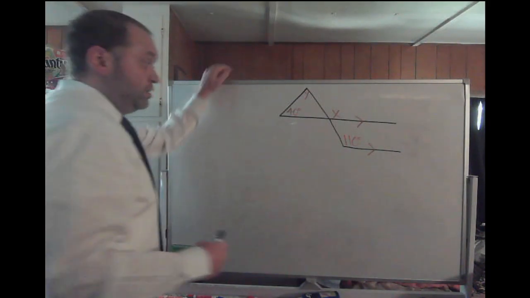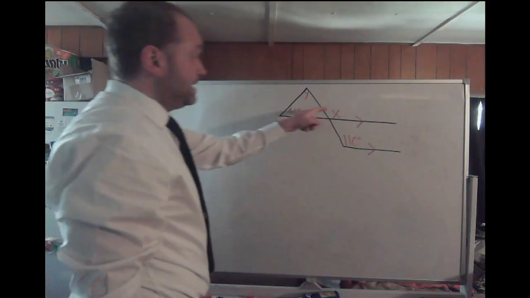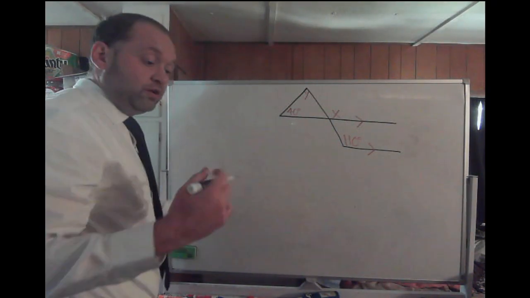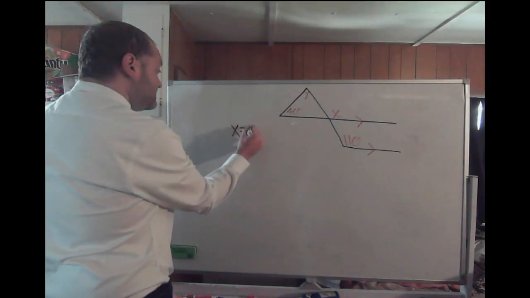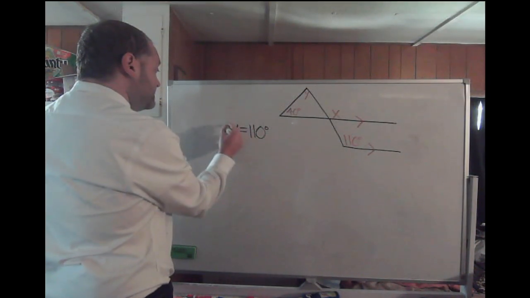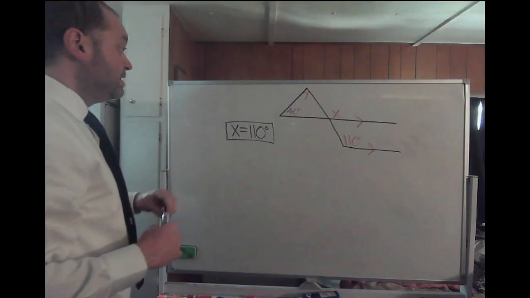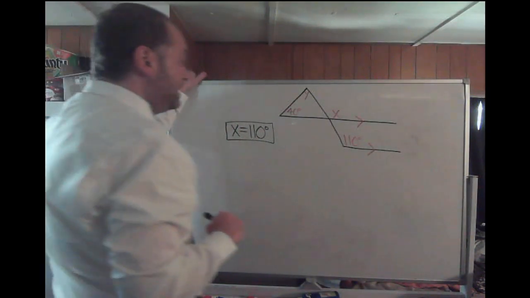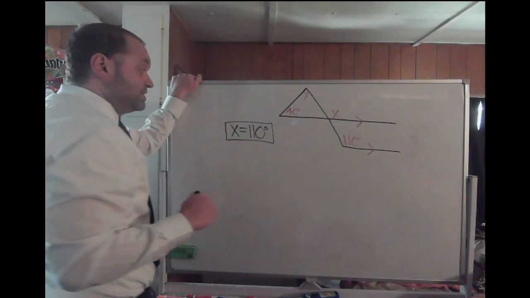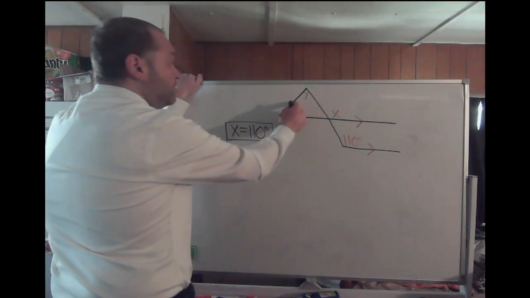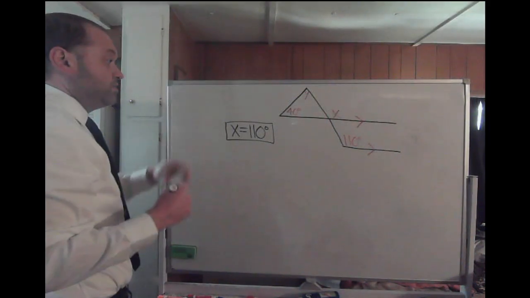Well, if these two lines are parallel, here's your transversal. x and 110 are corresponding angles, meaning corresponding angles are congruent. So x simply would equal 110 degrees. Well, we just solved for x. That's not so bad. Now there's a quick way to solve for y. Remember, the sum of the two remote interior angles equals the measurement of the exterior angle.